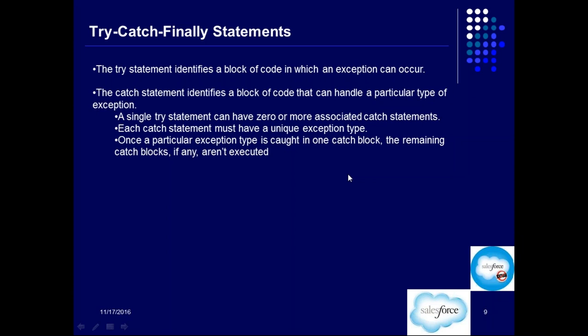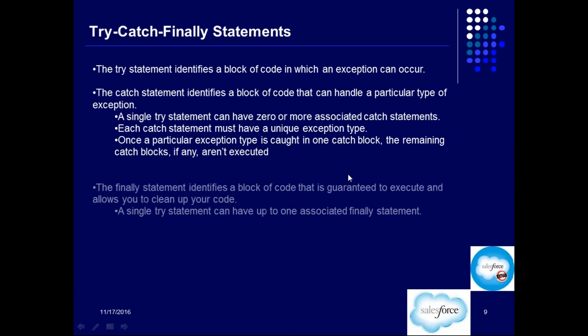Out of these 3, if any one of the catch statements finds an exception, the rest of them will not be executed. Makes sense now? The exception has already been caught, so I already know that exception, so it's not getting into the other catch blocks. So the remaining will not get executed.